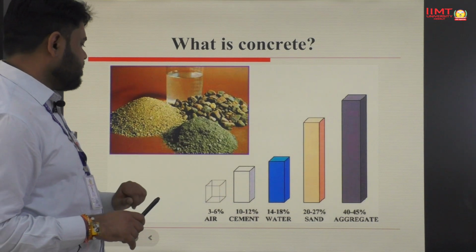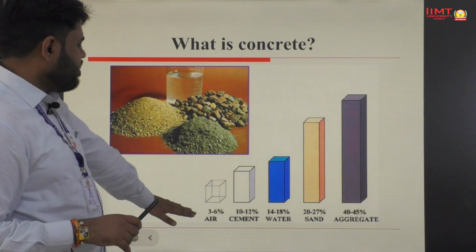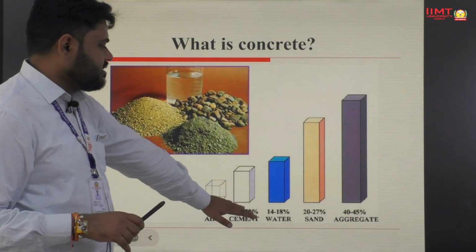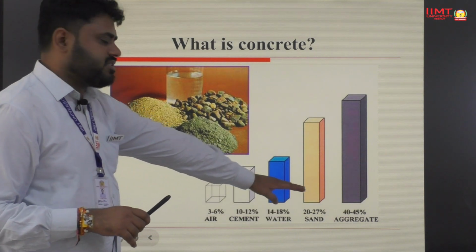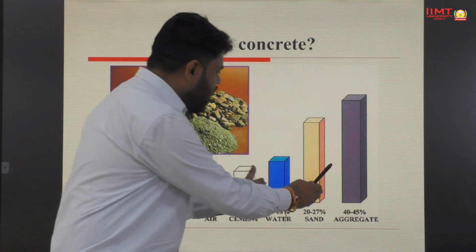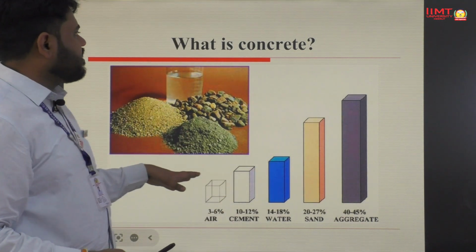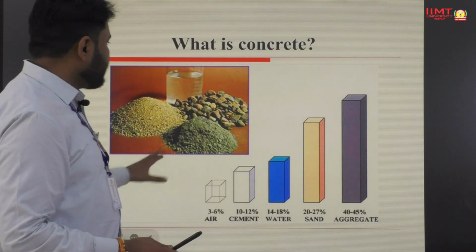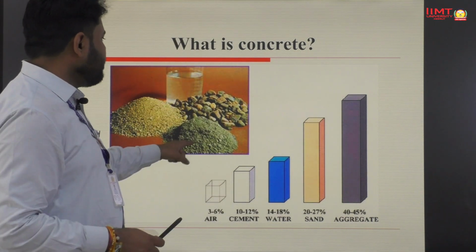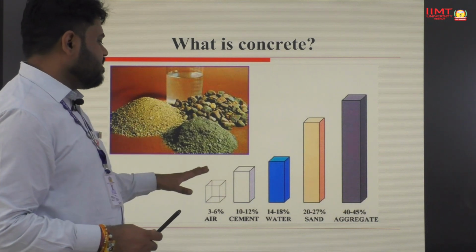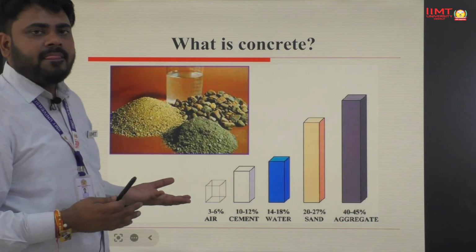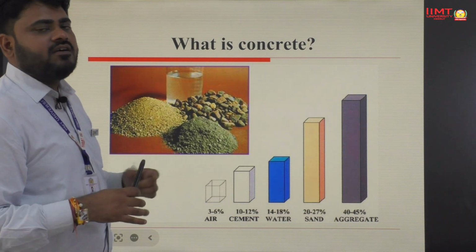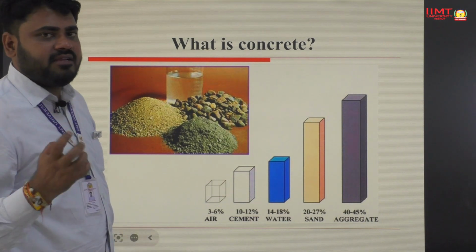What is concrete? Look here: air, cement, water, 20 to 27% sand, 40 to 45% aggregate. These all make up the composition of concrete: cement, sand, aggregate and water. It shows how much percentage is required for making the binding material of concrete.